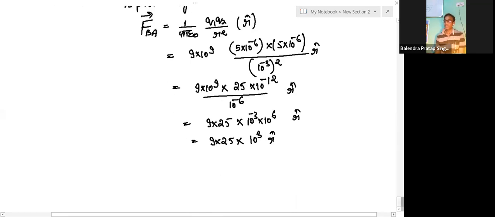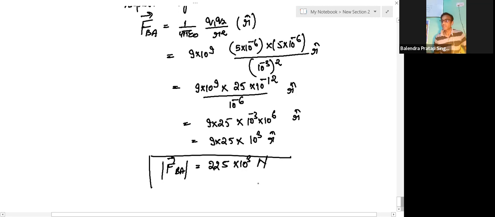So this is your answer. And this gives 225 into 10 raised to the power 3 Newton r cap, if I talk about magnitude. So this is your answer.